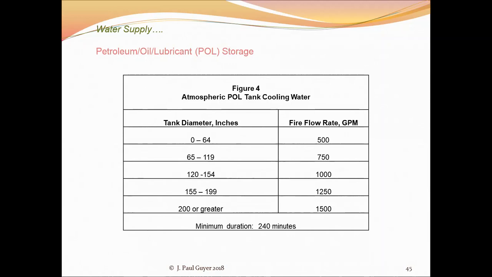Now, you might be asking, well, this system is based on the diameter of the fuel tank, but what about the height or depth of the fuel tank? You could have a 64-inch diameter fuel tank that's 1 inch high or 50 feet high.